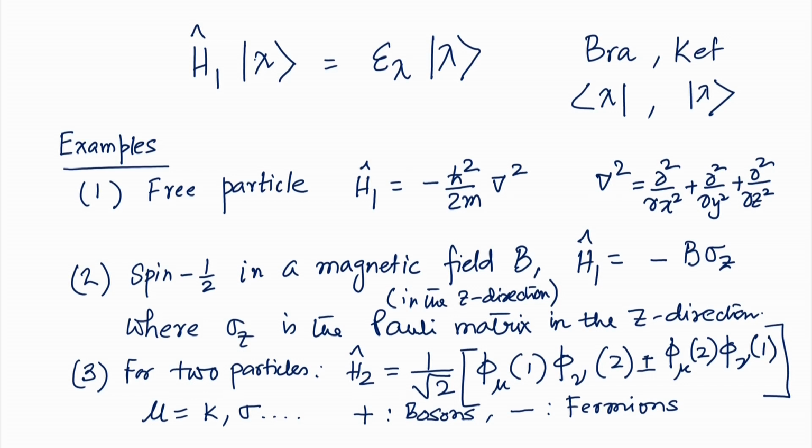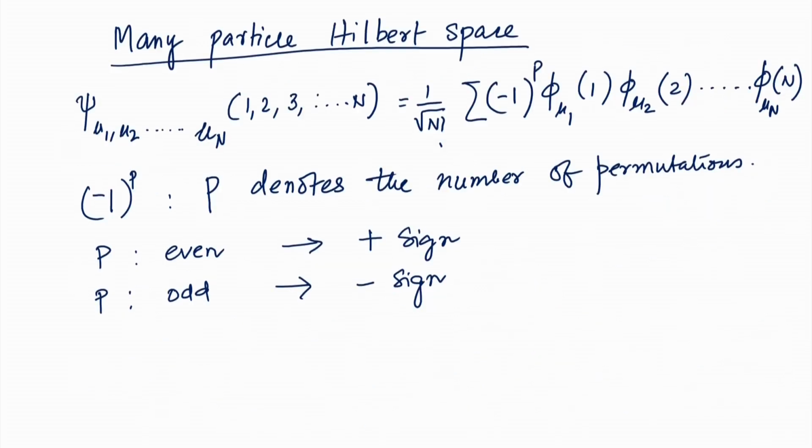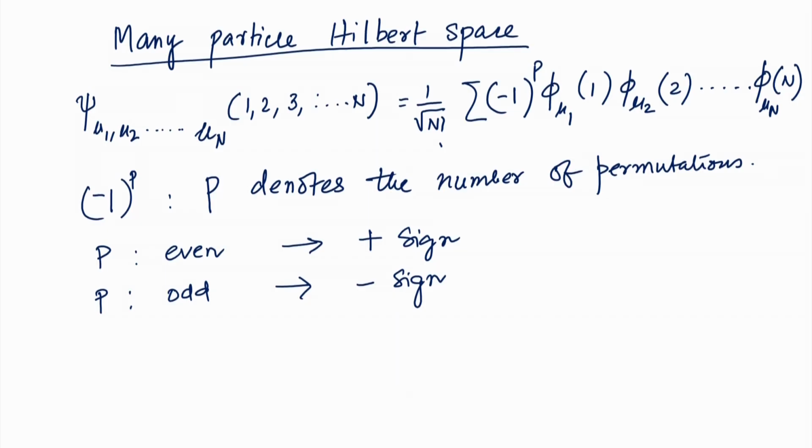This negative sign is apparent from this many body wave function as well, and this whole thing, minus 1 to the power p, is replaced by 1 for bosons.